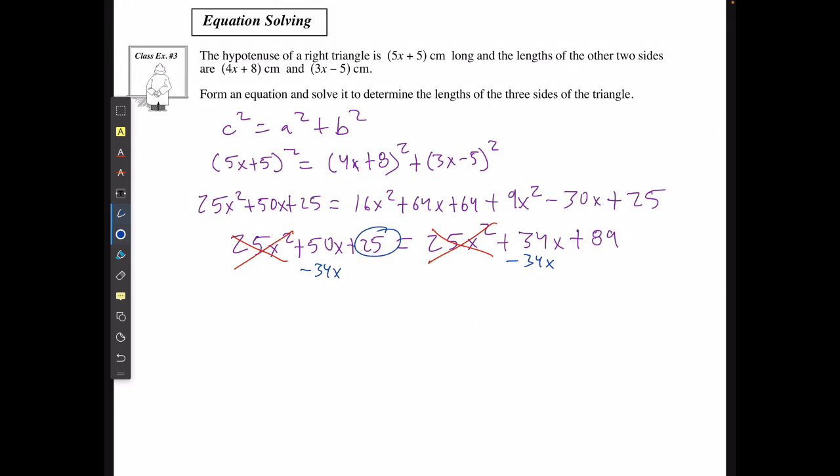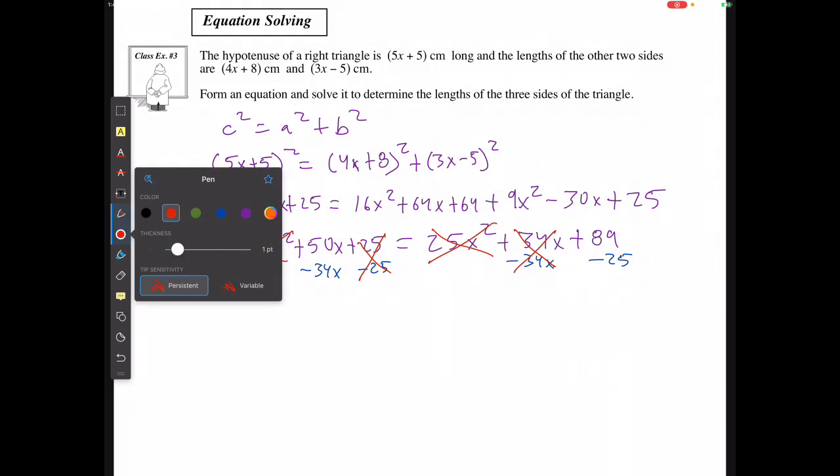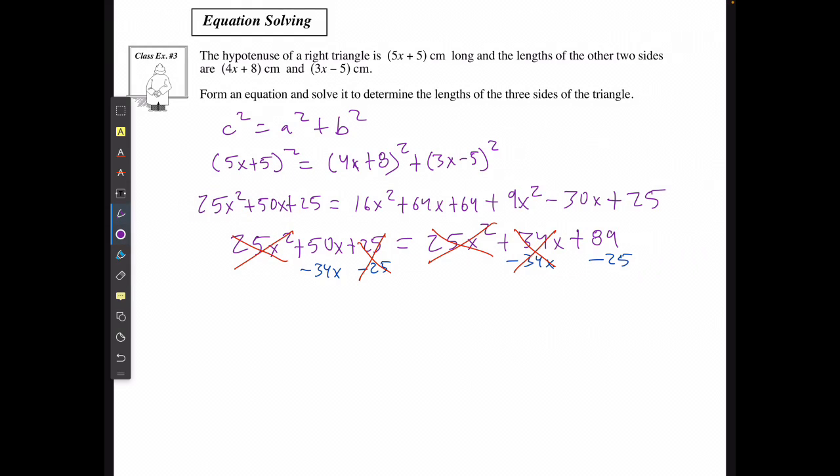I'm going to move this constant over by subtracting 25 from both sides. That's going to cancel out my x's over here, and it's going to cancel out my constant over here. And I can say that once I simplify this, 16x is equal to 64, or x is equal to 4 when I divide both sides by 16.